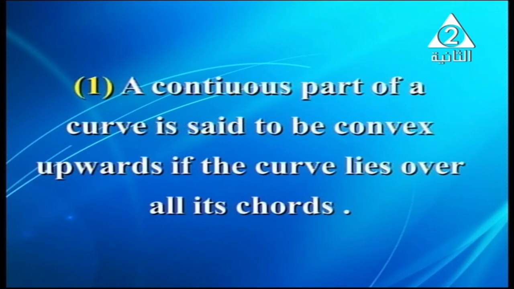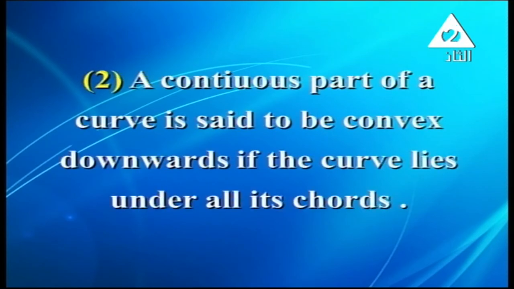Definition. A continuous part of a curve is said to be convex upwards if the curve lies over all its chords. A continuous part of a curve is said to be convex downwards if the curve lies under all its chords.